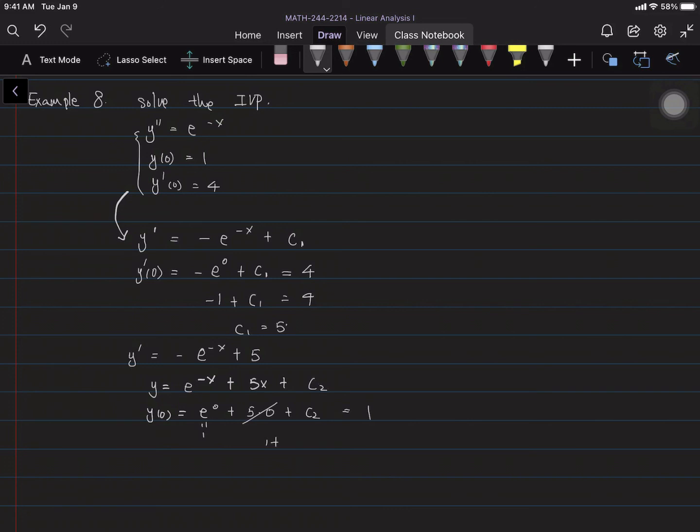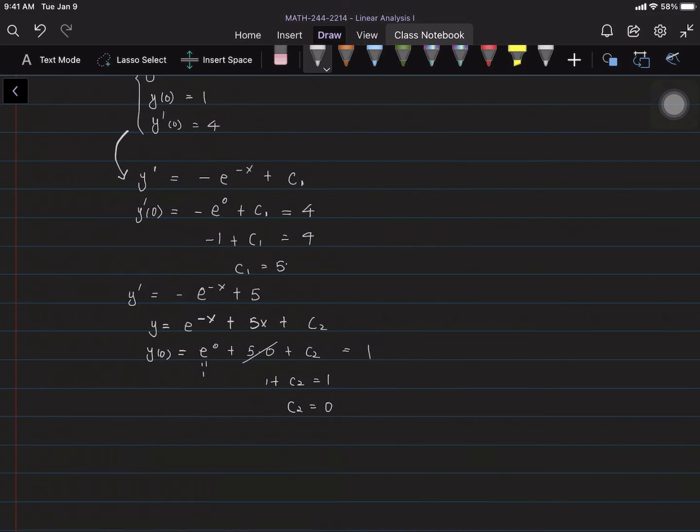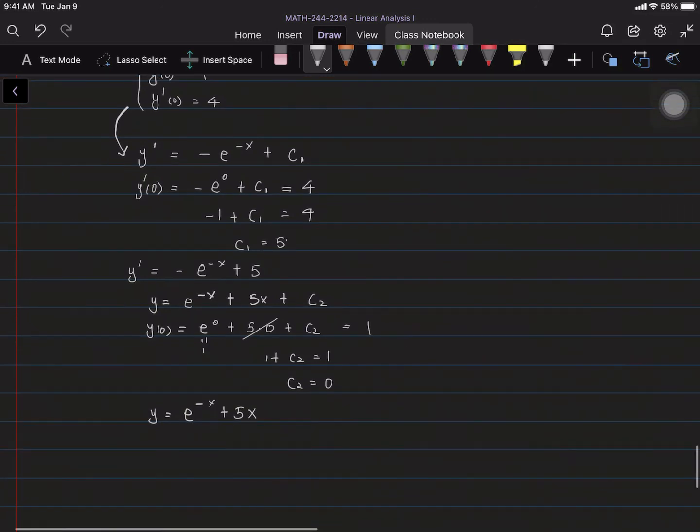It's 1 plus c2 equals 1. So c2 is 0 in this case. So plug into our y: y equals negative e to the negative x plus 5x, and c2 is 0. So that is the solution to the initial value problem. Okay, this is the final solution.